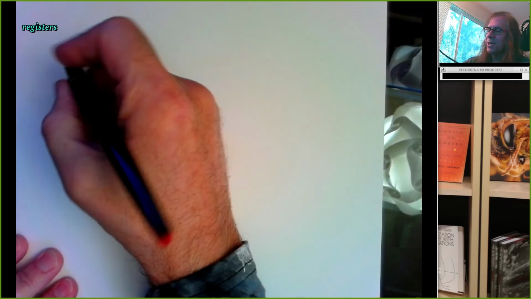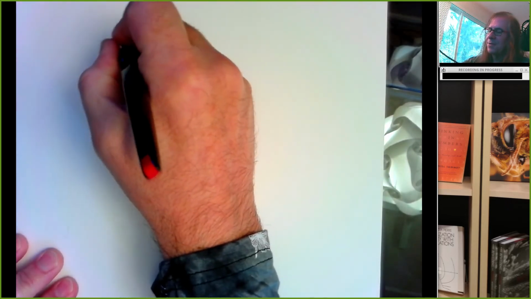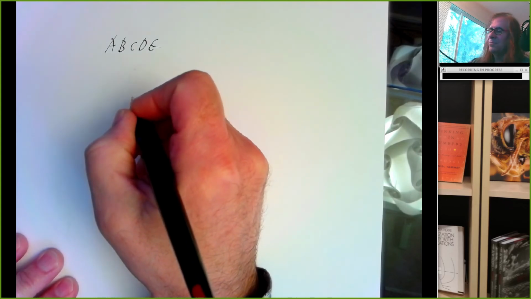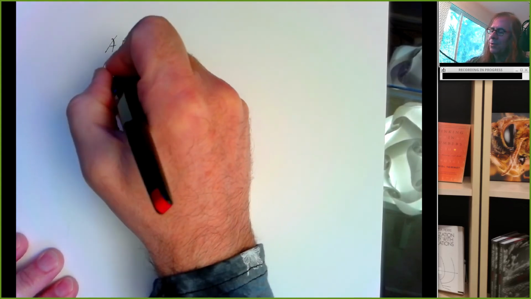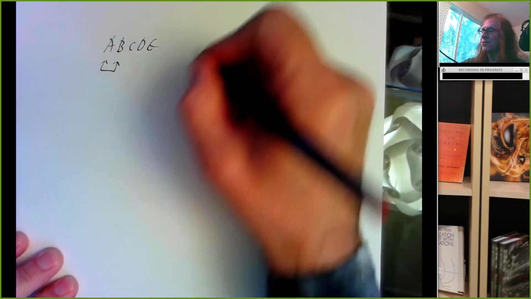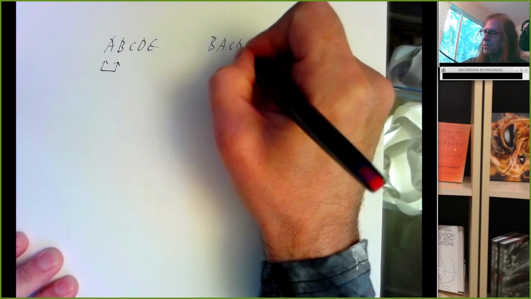And so we want to talk about registers. Here's the basic idea. Suppose I have a string like A, B, C, D, E. And I want to swap my first two characters with each other. So I want to turn this into B, A, C, D, E.